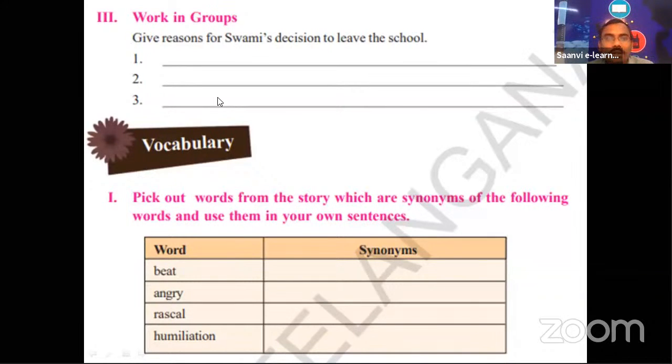He could not tolerate the punishment of the headmaster. These were the three reasons for Swami's decision to leave the school.